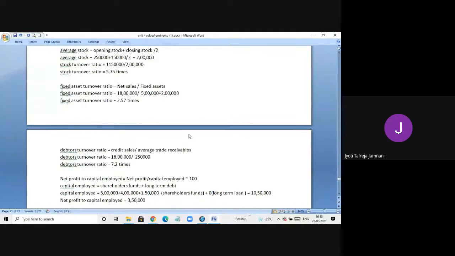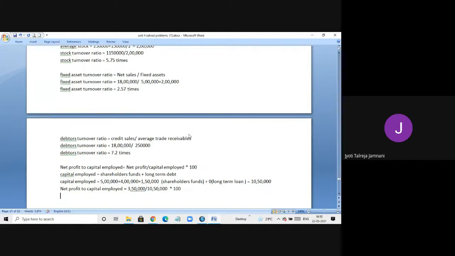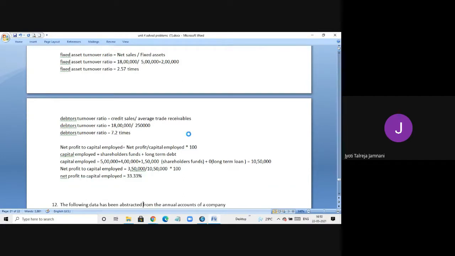So 3,50,000 net profit divided by capital employed, 10,50,000, into 100. Net profit to capital employed is equal to 33.33%. So this is the last ratio that was asked. Let's go to the next problem.